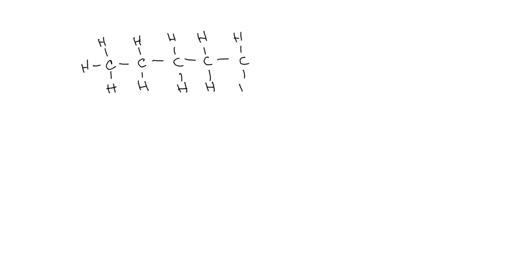Okay. And this has a molecular formula of C5H12. Drawing a Lewis dot structure where all of my bonds are explicit can be tedious at best. So what are ways that we can actually draw this in a more condensed form?